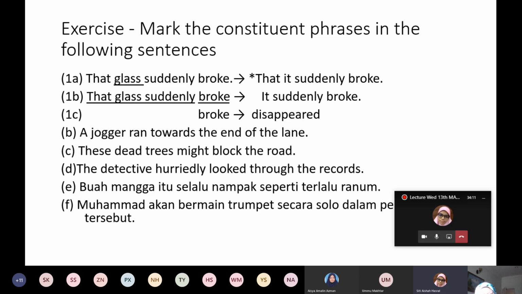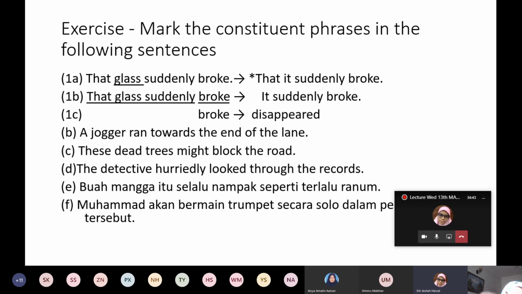Is it? A jogger ran towards there. Not really. But if you say a jogger ran there, it's okay. So what does that mean? Meaning towards the end of the lane is a constituent. When you replace towards the end of the lane with there, and it's okay, that means the whole thing is a constituent.